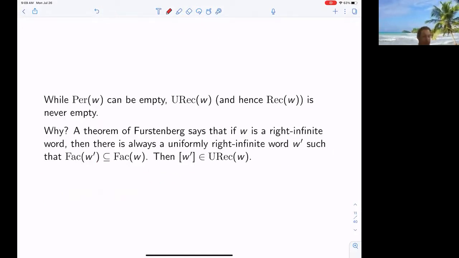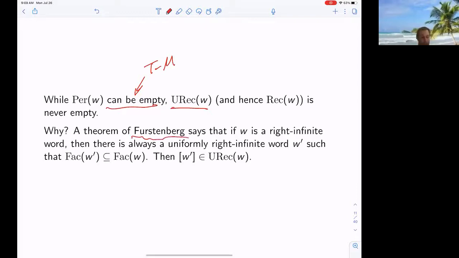One thing that's basically Zorn's lemma is that while the periodic spectrum, as we saw in the Thue-Morse word, can be empty, the uniformly recurrent spectrum is never empty. Like I said, this is just Zorn's lemma.